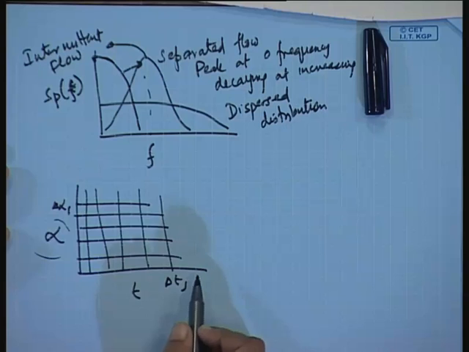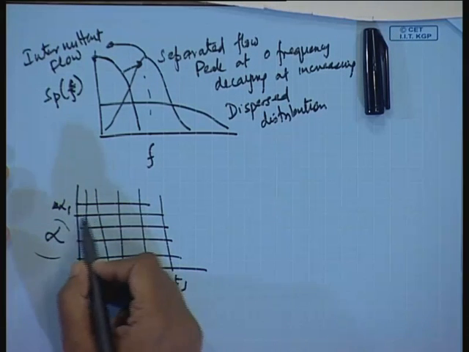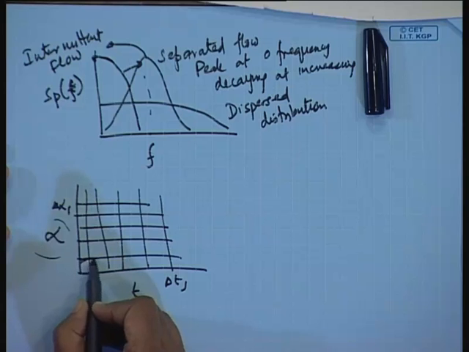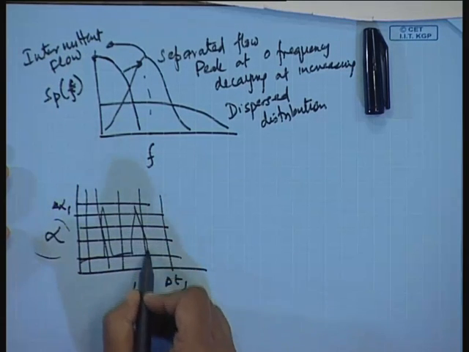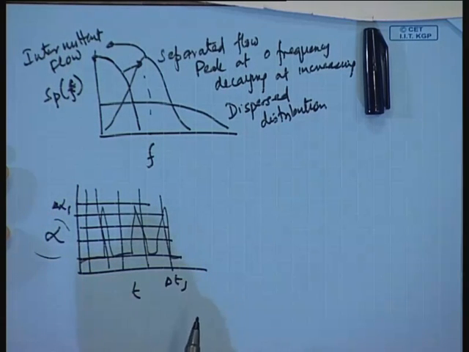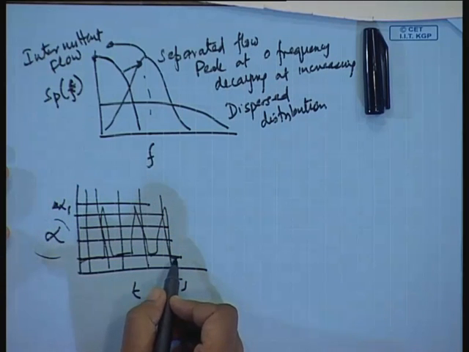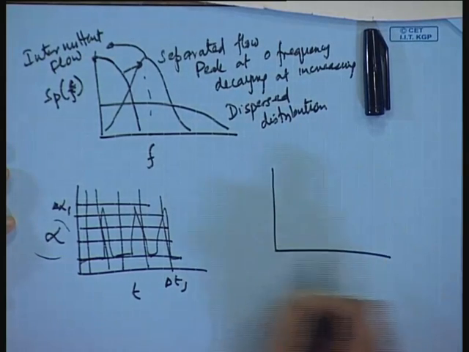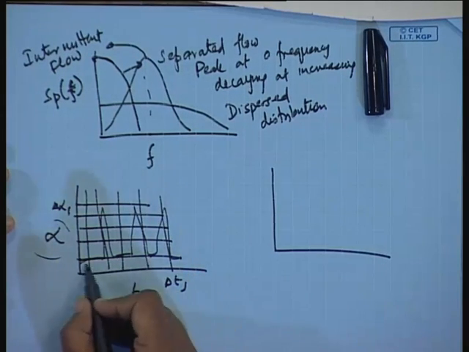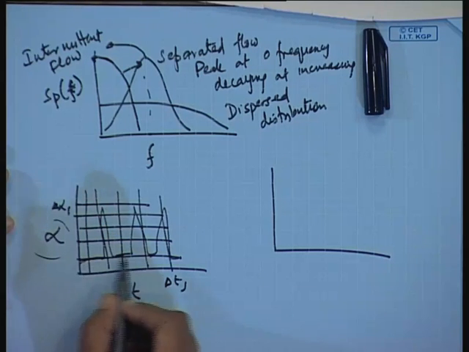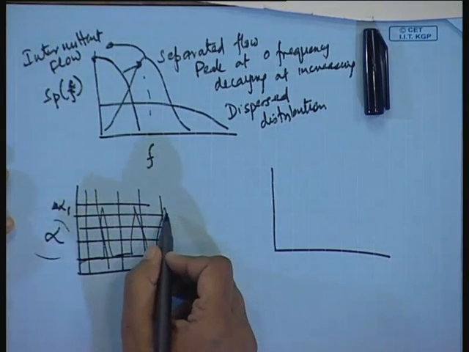So if we plot alpha versus time, most of the time we will find a signal at low alpha, and sometimes it will vary in this particular way. So for most of the time alpha will lie in the low voidage region. The probability of finding alpha at the low voidage value is much higher as compared to the probability of finding alpha at the higher void fractions.